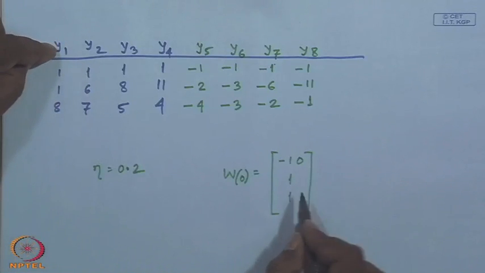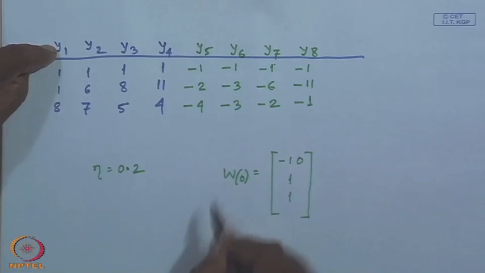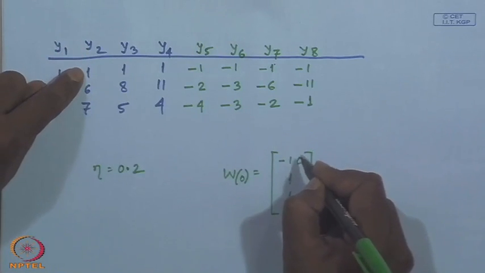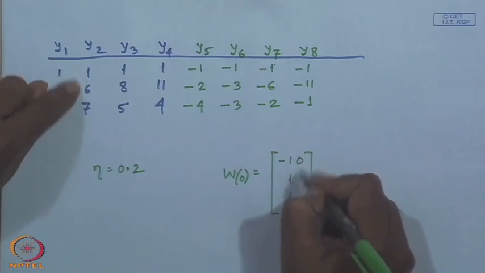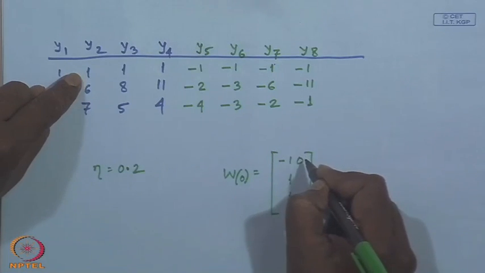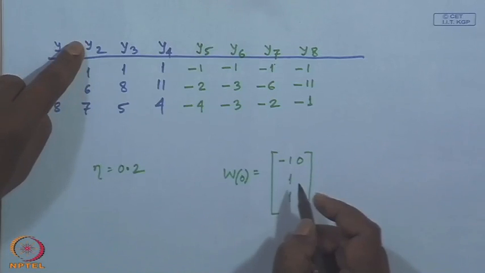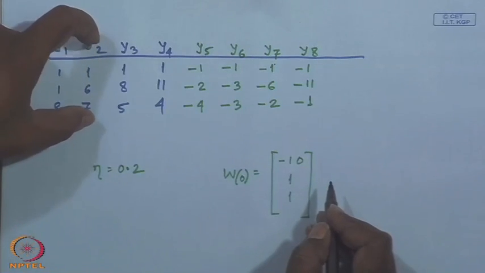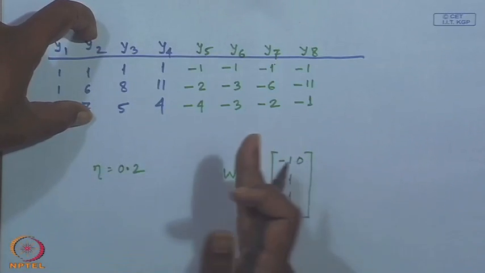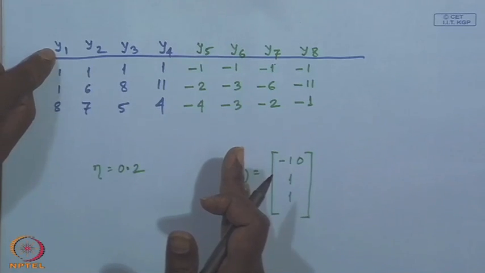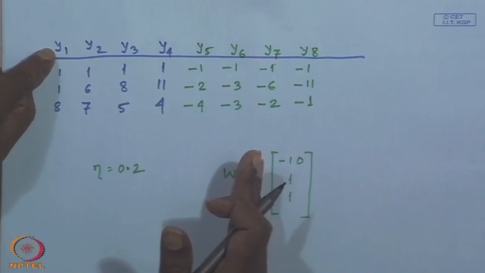That means, y 1 is misclassified by this w 0. Coming to y 2, the w transpose y becomes minus 10 plus 6 plus 7, which is nothing but 3, that is greater than 0. So, y 2 is correctly classified. I do not have to consider y 2 for modification of w, but I definitely have to consider y 1 for modification of w.